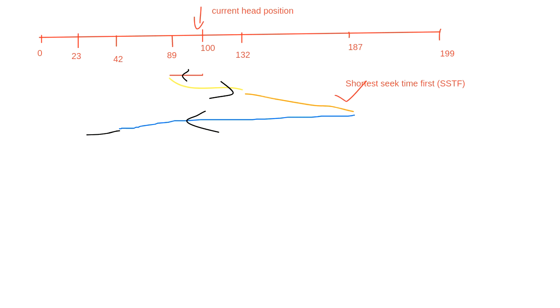So seek distance is equal to 100 minus 89. Yes, 100 minus 89. Very good, somebody has calculated. Please, others also try the seek distance.